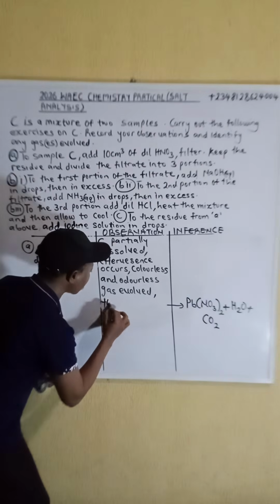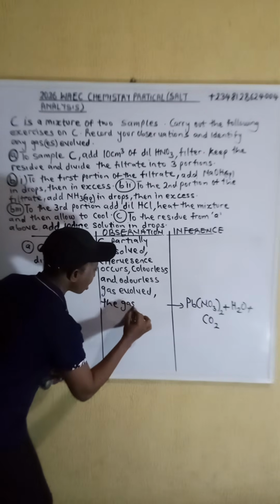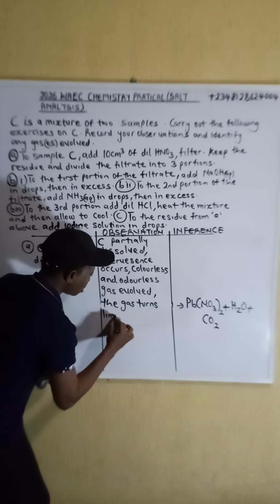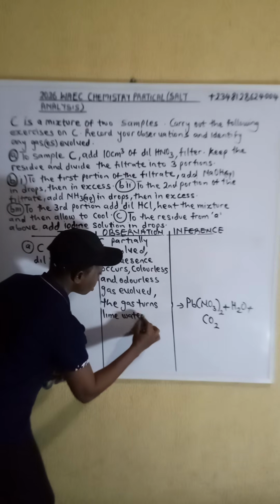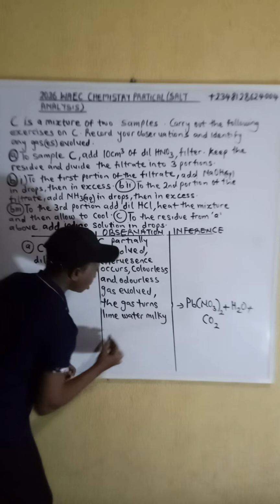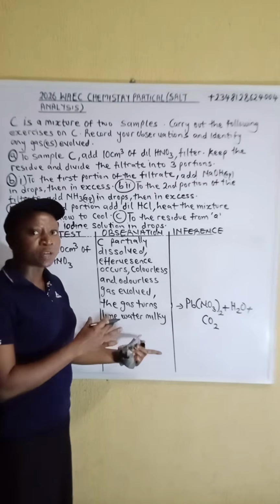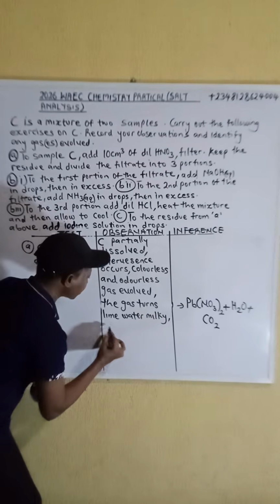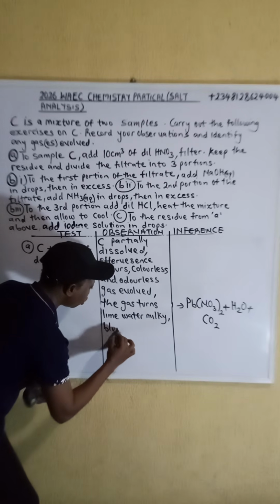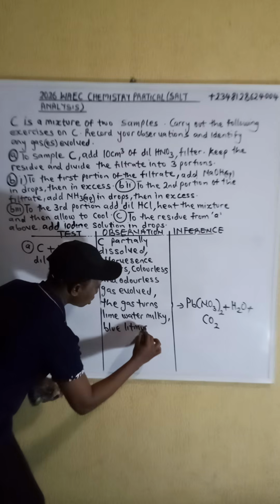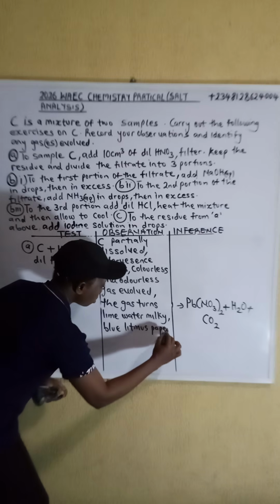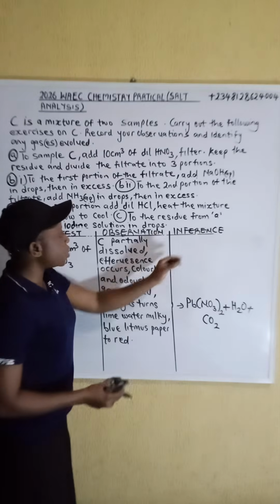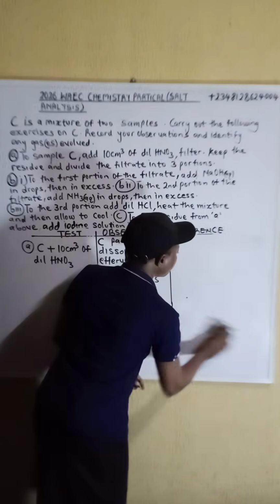So the gas turns lime water milky, and blue litmus paper to red, because carbon(IV) oxide is an acidic gas. So what will be our inference?